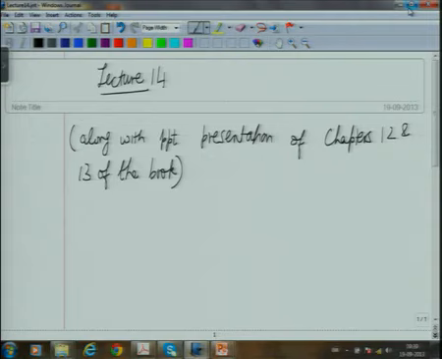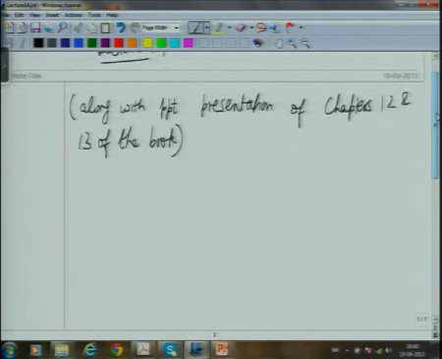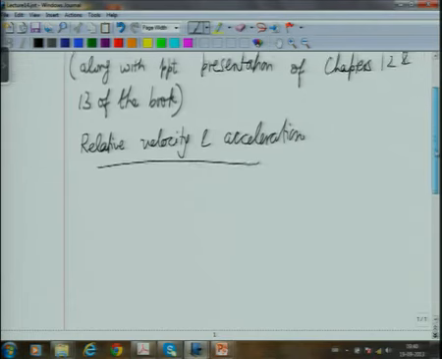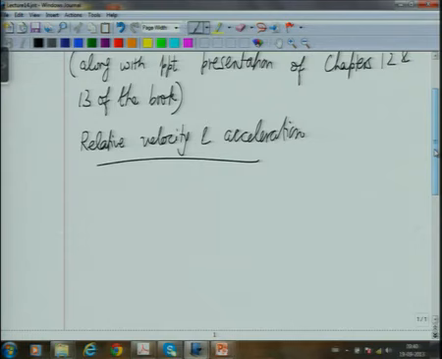Okay. The only one thing I would like to say is that there is this concept of relative velocity and acceleration, which we have not seen. Let me discuss this before I go to the PPT.